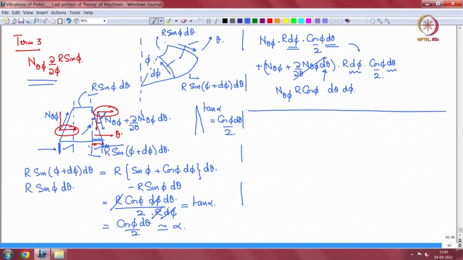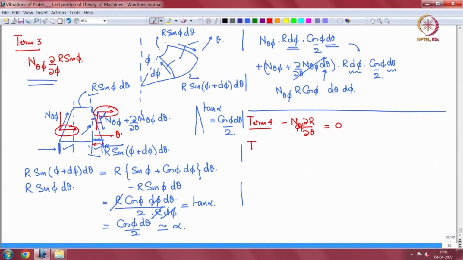Then we have term 4. Term 4 is minus N11 del A1, which is del R by del alpha 2, which is del theta. So this is phi phi. This is 0 because del R by del theta is 0.